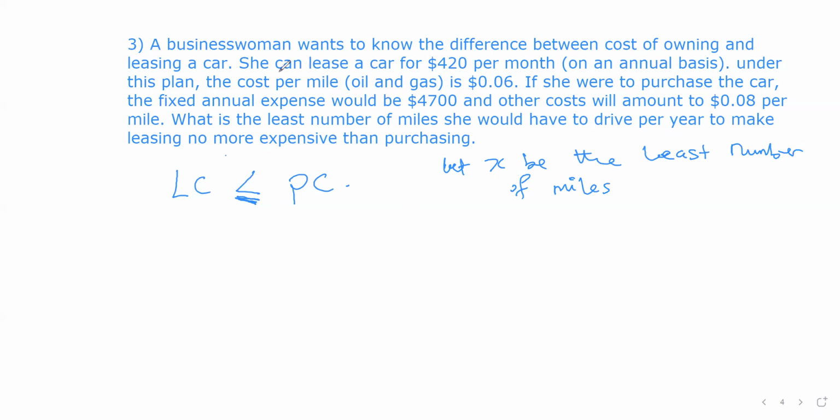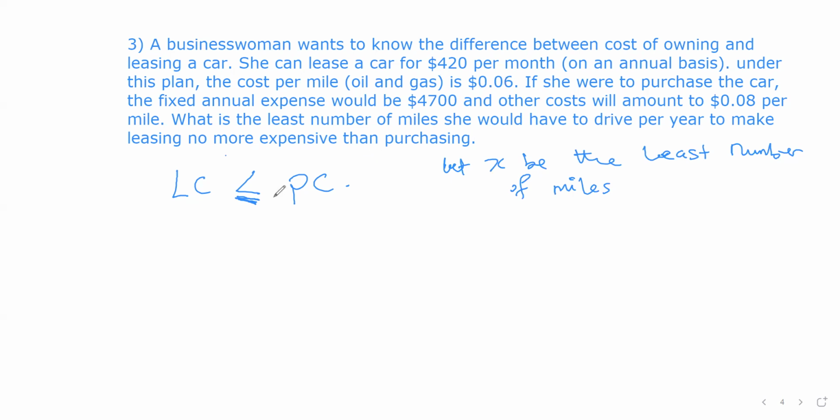We are told that she can lease a car for $420 per month. Okay, remember this is cost per an annual cost. All right. $420 per month. And gas for 0.06, all right, per mile.